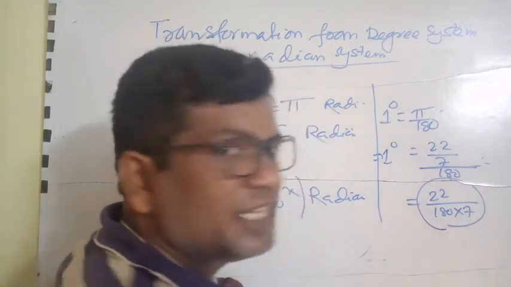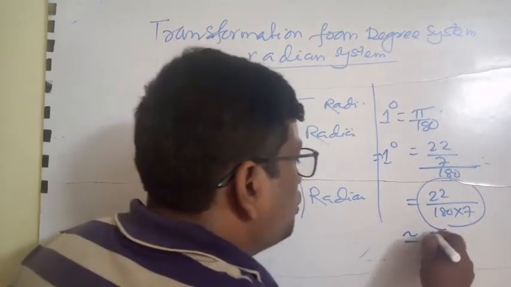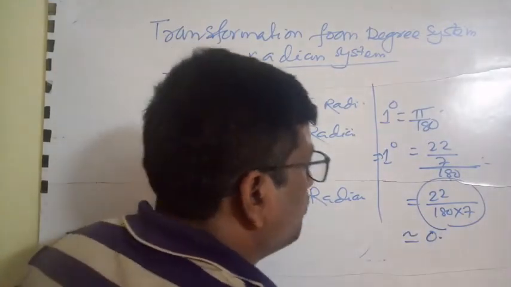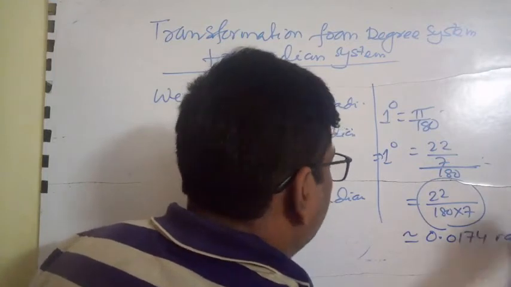If we calculate this factor, we will get approximately 0.0174 radian.